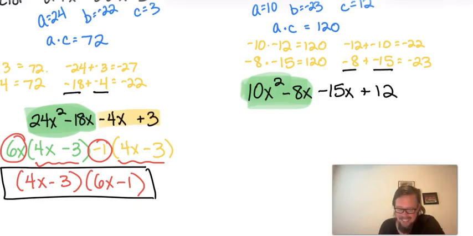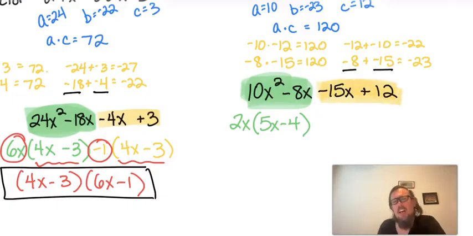Okay, so 8 and 10 have a common factor of 2, and they both have an x, so 2x. And that'll leave me with a 5x minus 4. And then for the next pair, 15 and 12 have a common factor of 3. And because it's a negative, I'm going to factor out a negative 3.